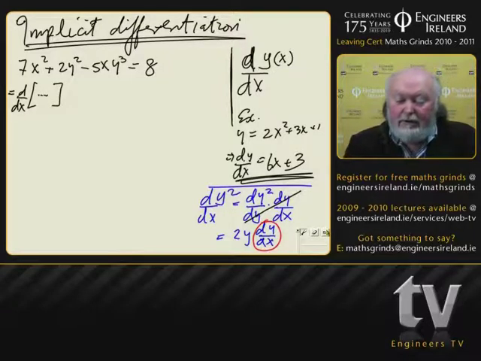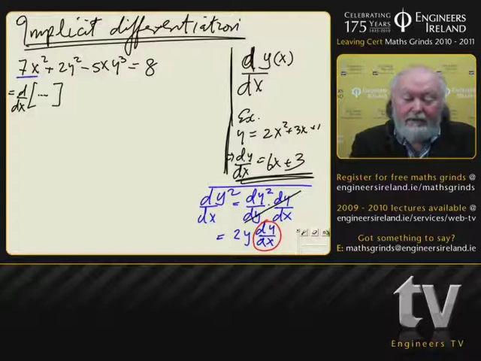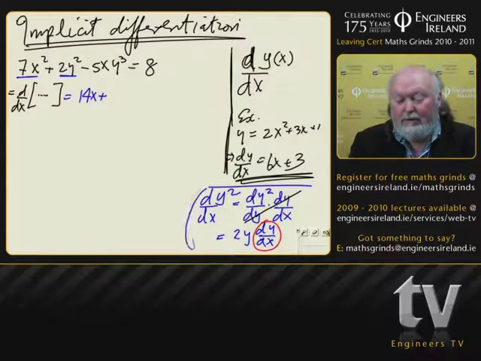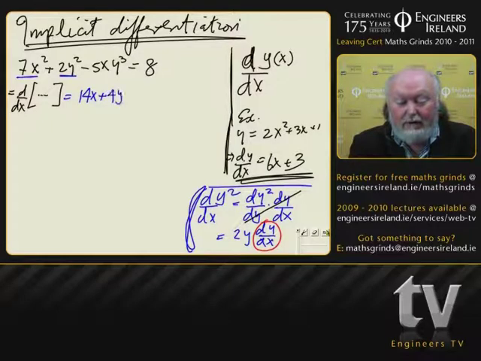And now we can start working on it. First term, the d/dx of this. How about this second term? We don't really know, but we can use what we did down here. It's a y squared thing. So we're going to get 4y dy dx.